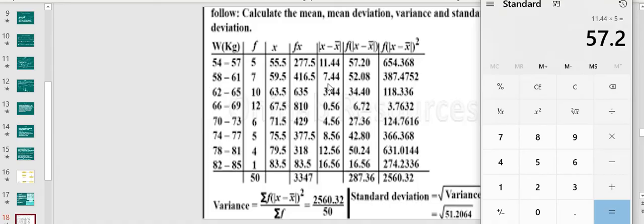Then we multiply 7.44 with 7 and 3.44 with 10 and 0.56 with 12, 4.56 with 6 and 8.56 with 5 and 12.56 with 4 and 16.56 with 1, and take the sum of all these values, which is equal to 287.36.